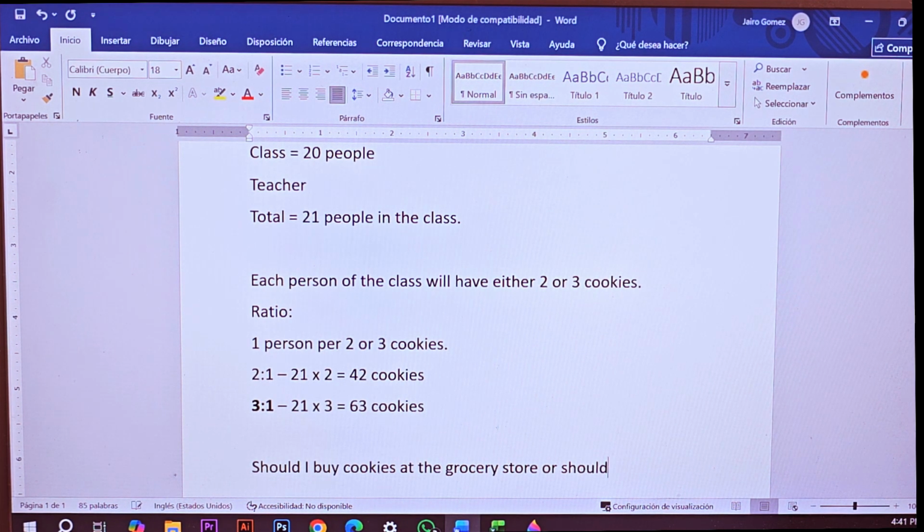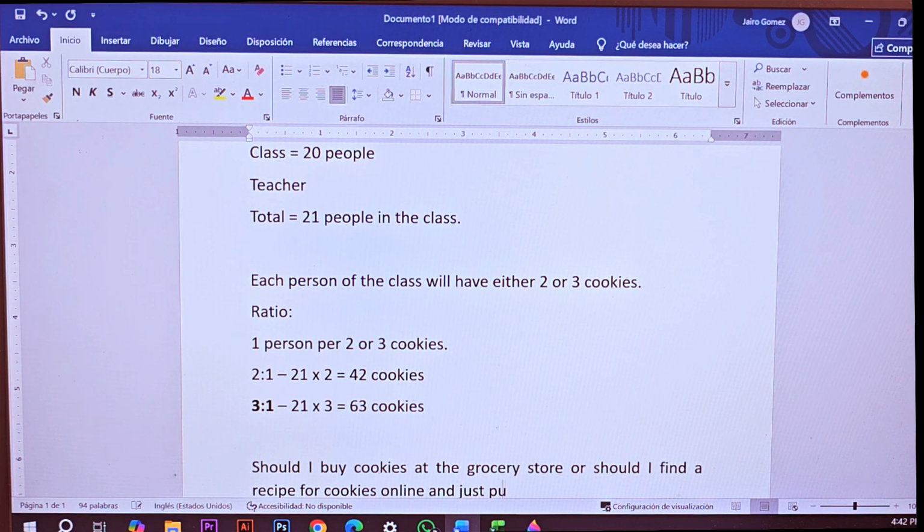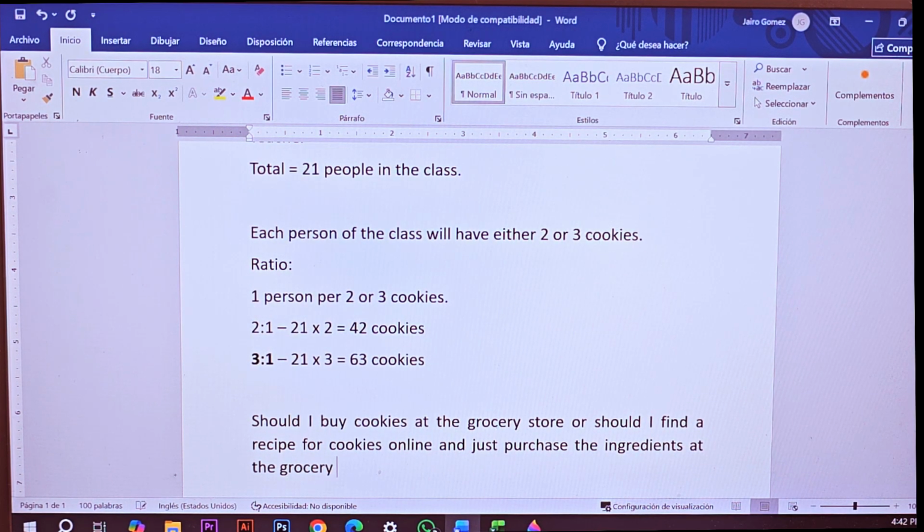Or should I find a recipe for cookies online and just purchase the ingredients at the grocery store and of course bake at home?